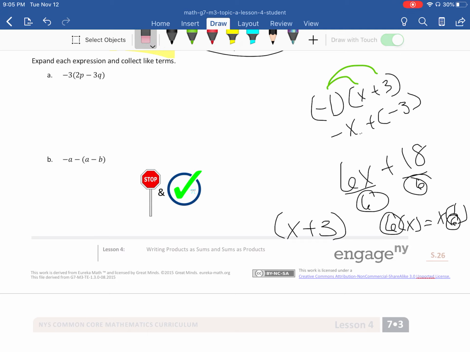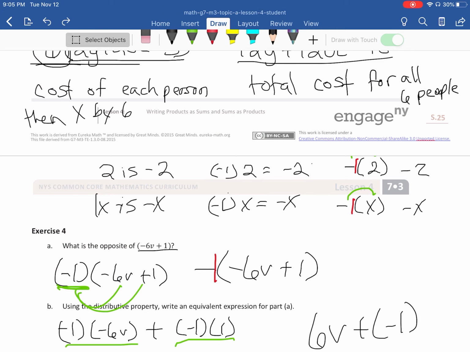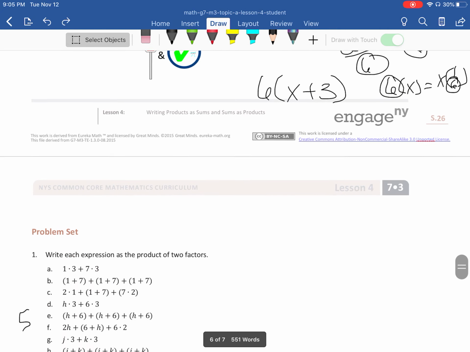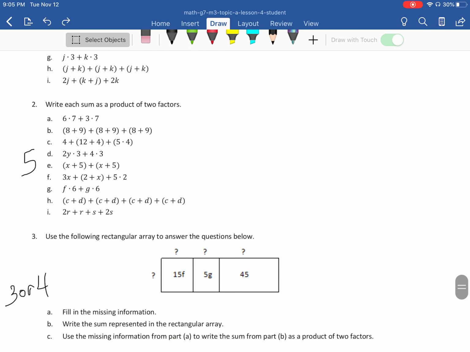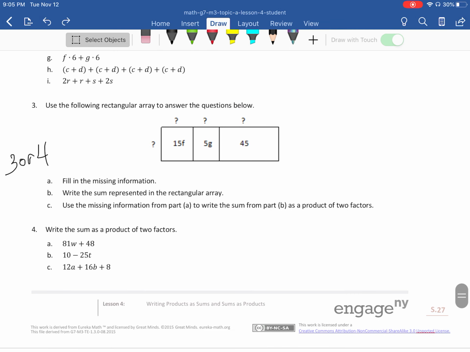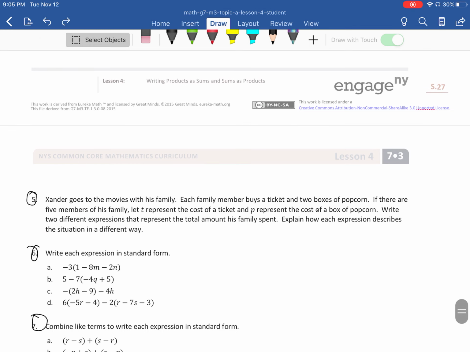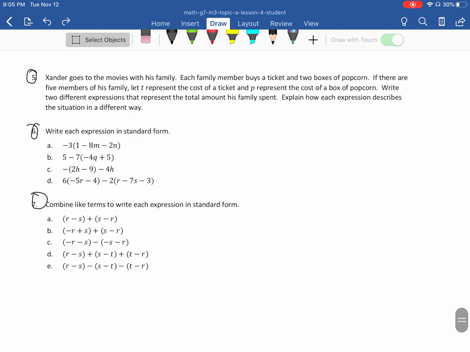Now on the problem set, I want you to complete number 3 or 4, and then complete 5, 6, and 7. Now again, remember standard form.